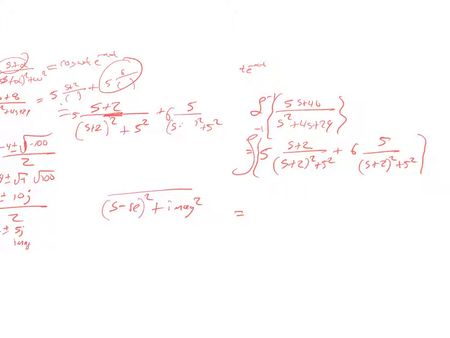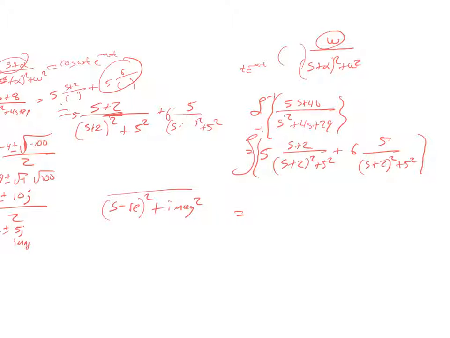Okay? What's the reason for putting the 6 out front and the 5 where it's at? Because if you remember from the table, the expression has omega over s plus alpha squared plus omega squared. I can only have omega up here. If I have more than omega, I have to put it out front. I need 5 there, but I actually have 30, so I'm just factoring out the 6 to make it work.